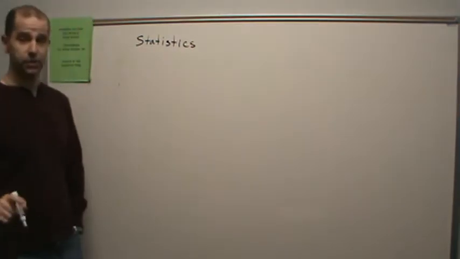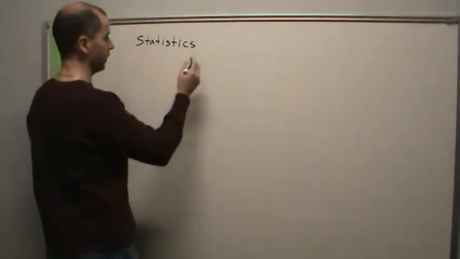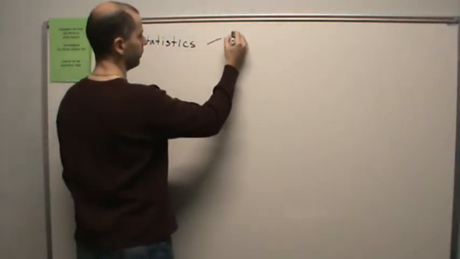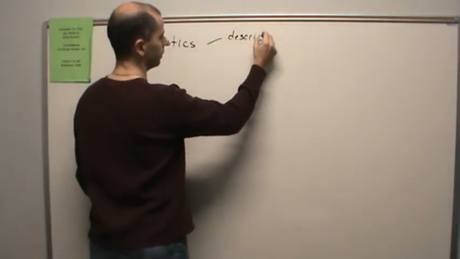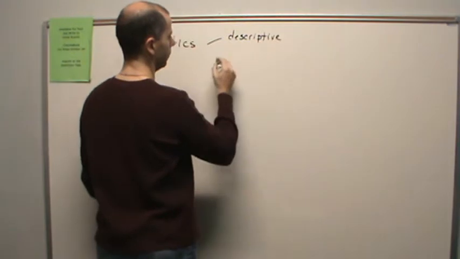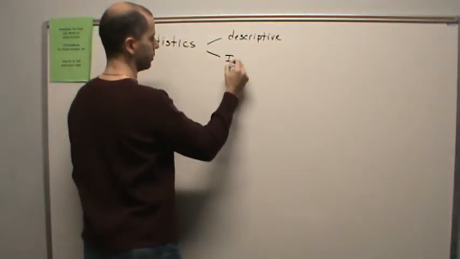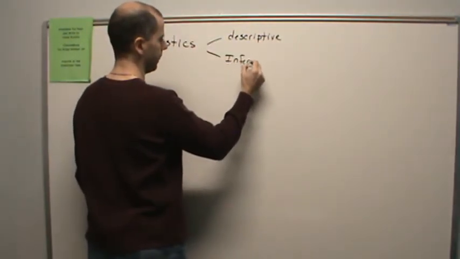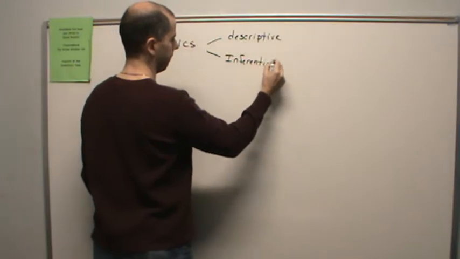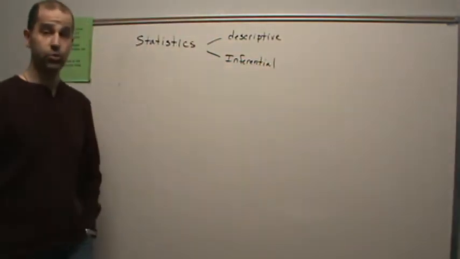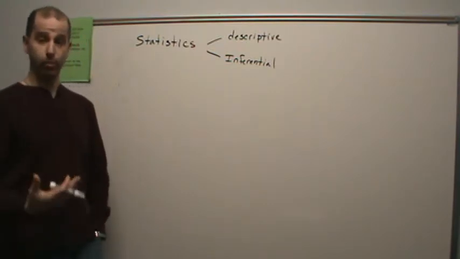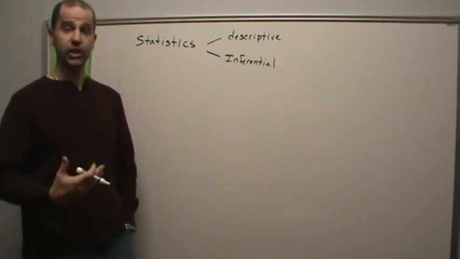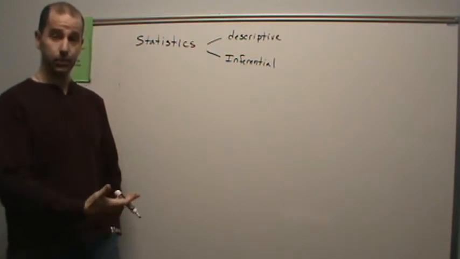The other thing we're going to talk about is that there are two branches of statistics: descriptive statistics and inferential statistics. So what's descriptive statistics? Descriptive statistics is the actual numbers, the calculations that we do on the sample.